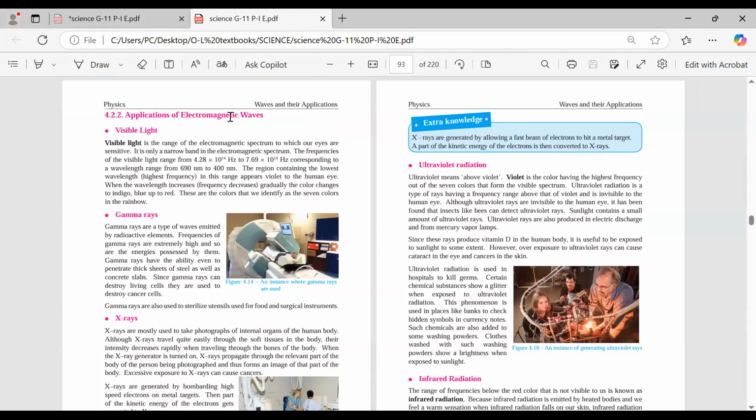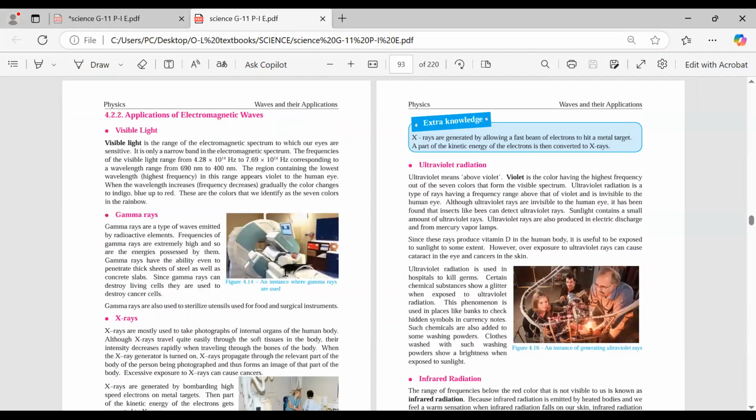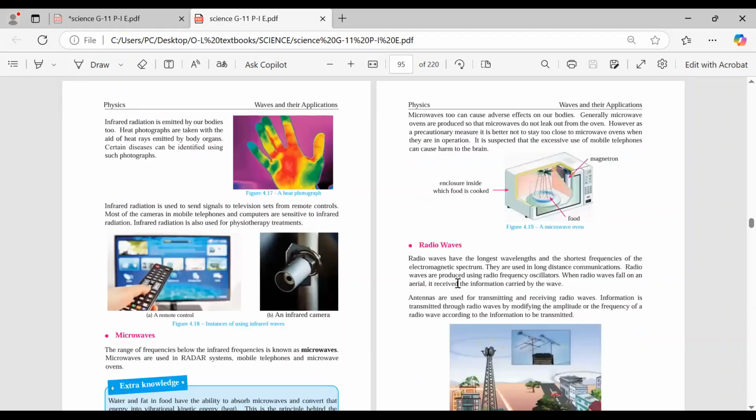When we talk about the electromagnetic spectrum, which is on the screen, you will be learning about the different electromagnetic waves and their uses. So you should have an idea about each of these types of waves and what they are used for. That's something for you to keep in mind.